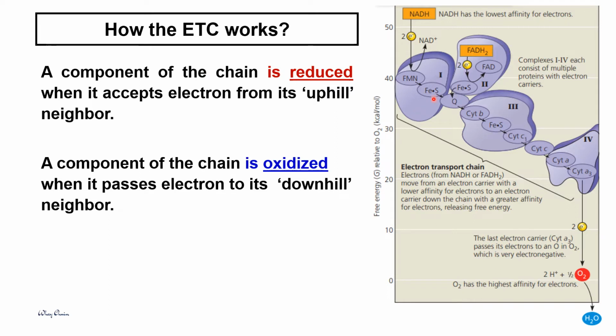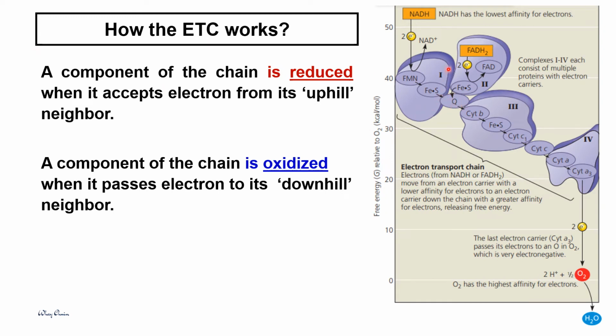Now when complex 1 accepts the electrons, it has a slight increase in its free energy. So it becomes unstable, and immediately it will pass the electrons to the next electron carrier, which is ubiquinone.